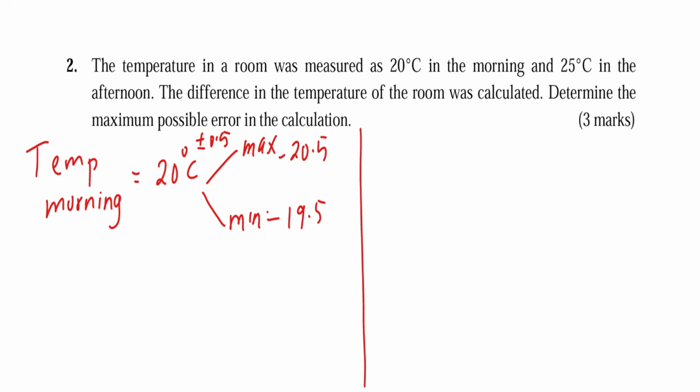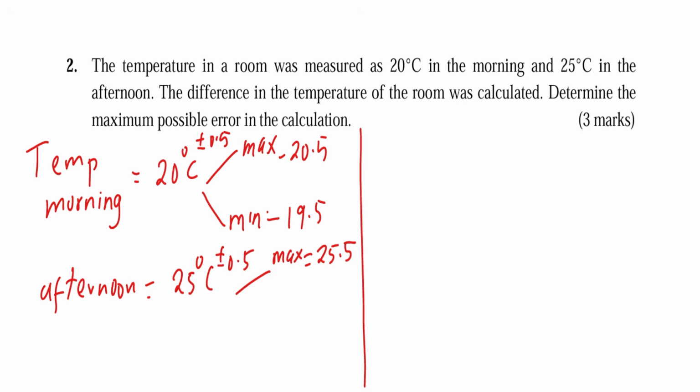So in the afternoon, the temperature changed, so it became around 25. So hii pia kuna maximum or minimum. So the maximum yake is 25.5 and the minimum yake is around 24.5 if you minus it by 0.5.